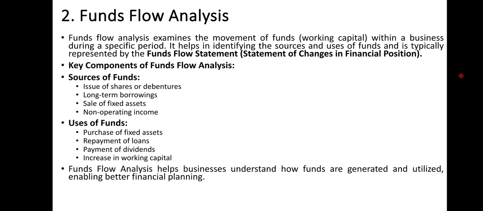Uses of funds are the purchase of fixed asset, repayment of loan, payment of dividend, and increase in working capital. Fund flow analysis helps businesses understand how funds are generated and utilized, enabling better financial planning. So it's very simple: you have to analyze where you get the money and how you use your money for the growth of your business.